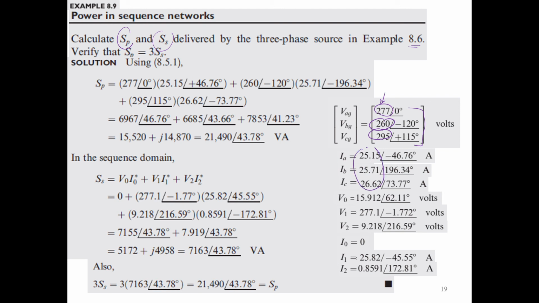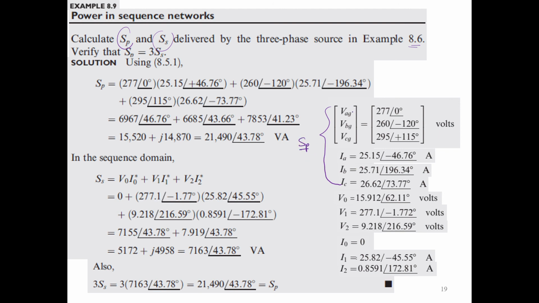These are unbalanced, definitely because of unequal magnitude, and the angle separation is not 120. Now if you want to find SP, which means the complex power based on the phase quantity, you need to use these two lines.